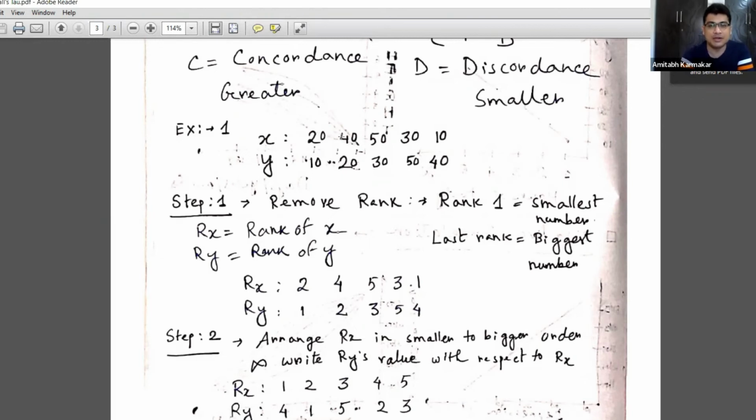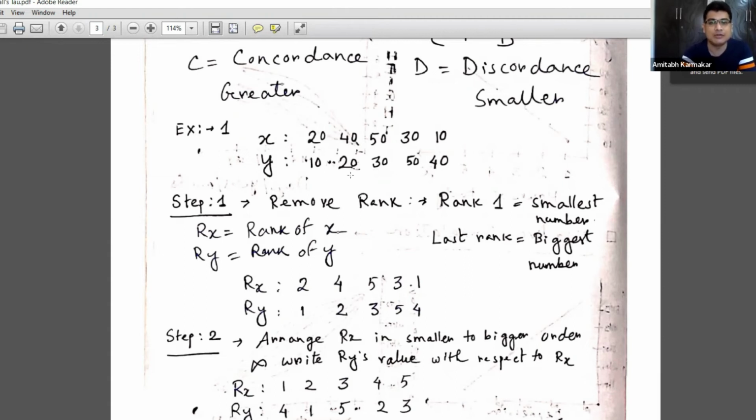Which is the smallest number here? 10 gets rank 1. Next biggest number? 20 gets rank 2. 30 gets rank 3, 40 gets rank 4, and 50 gets rank 5.